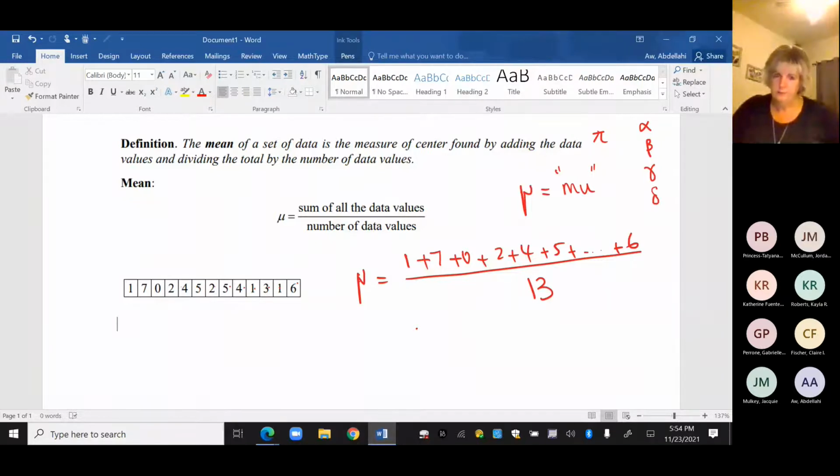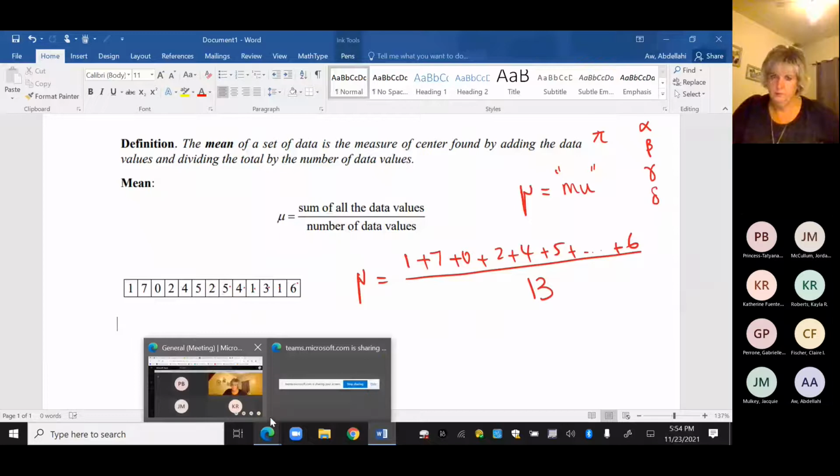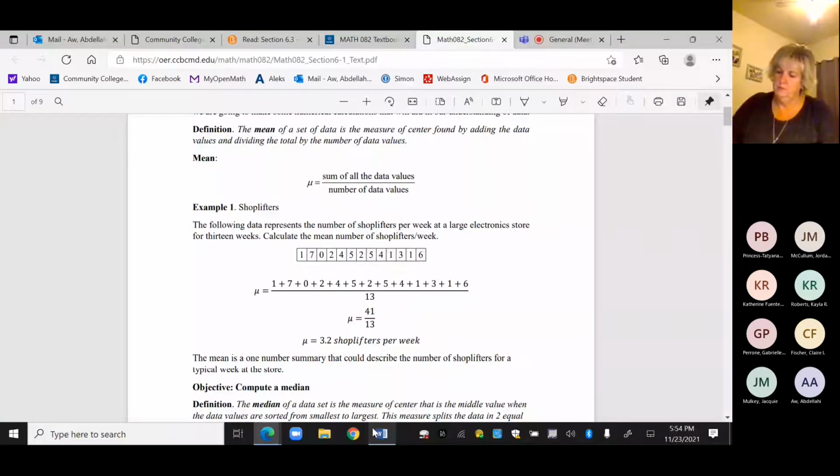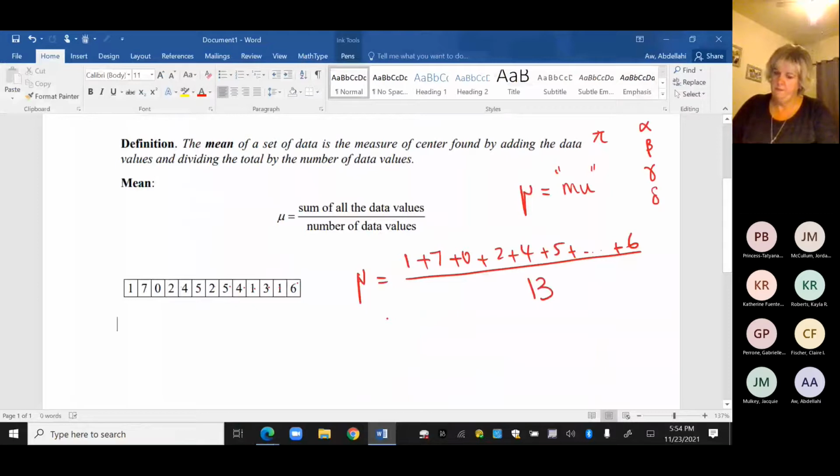That's the only problem with that. So when we add them up and divide, how much do we get? The answer is 3.2. After we do the division, we get about 3.2. That is the mean of this data.